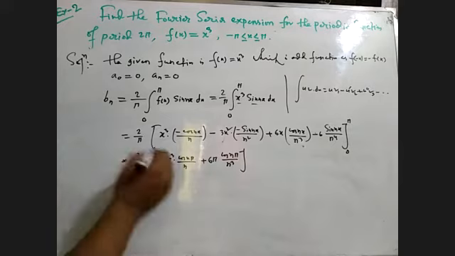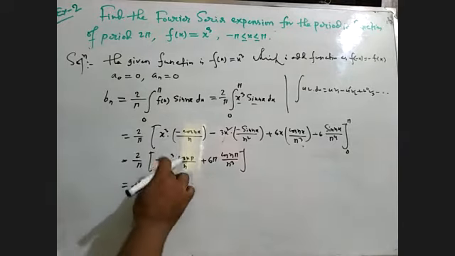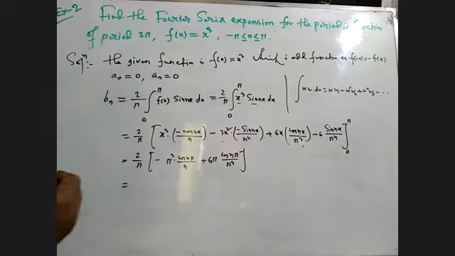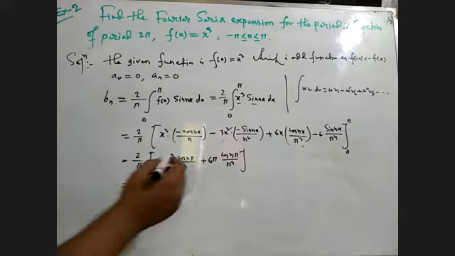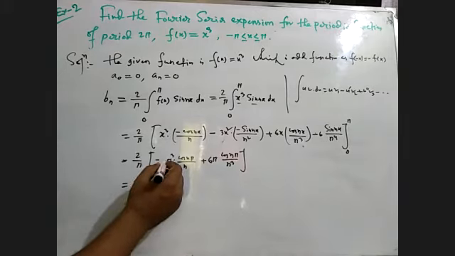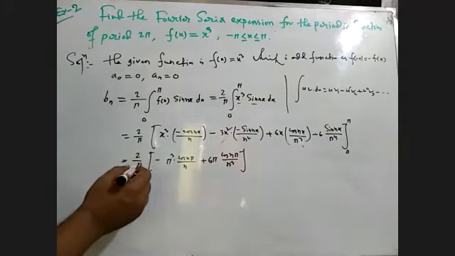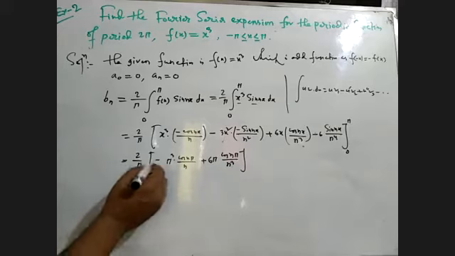So this is the pi cube, remember it. We can take common cos n pi and pi also. So pi will be cancelled.